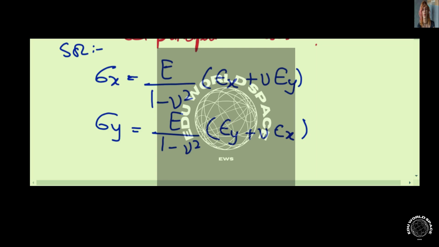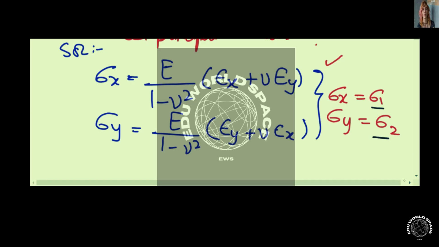Now, these can also be written in terms of the principal strains and principal stresses, where the stress for the x direction is equal to sigma sub 1 and the stress for the y direction is equal to sigma sub 2. So we are going to rewrite these equations in terms of the principal stresses.